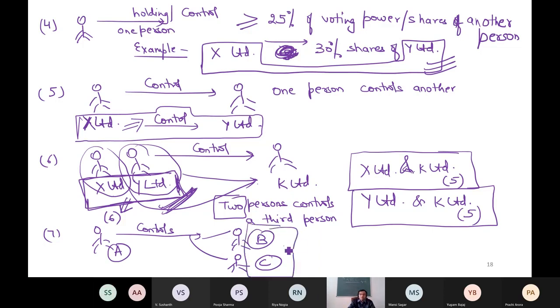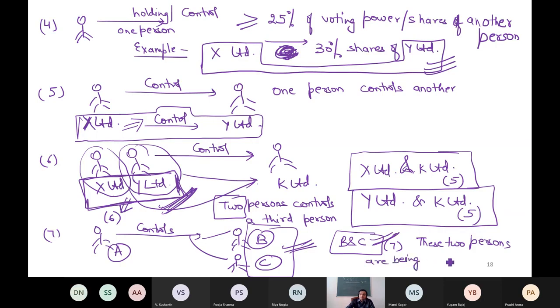So B and C are related as per point 7, because in point 7 they are being controlled by the third person. In point 6, these two are together controlling the third person. So in the 7th point, what is happening? These two persons are being controlled by a third person.